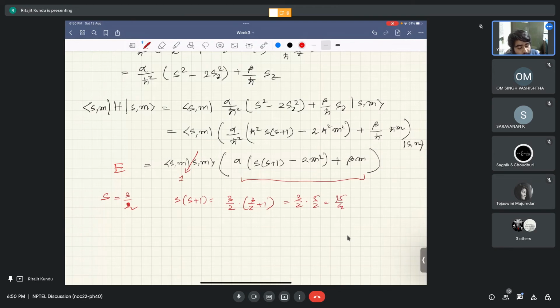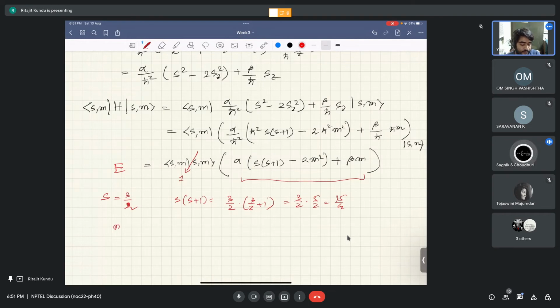Okay, and for s equal to 3/2, can anybody tell me what values of m can happen? Anybody? Yeah, exactly, right.